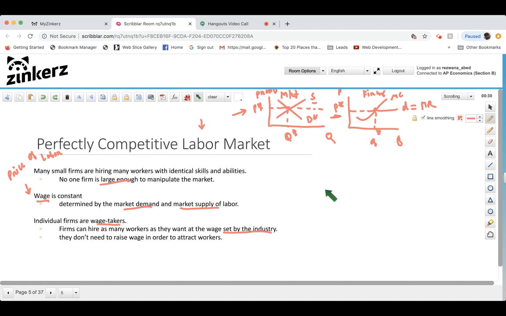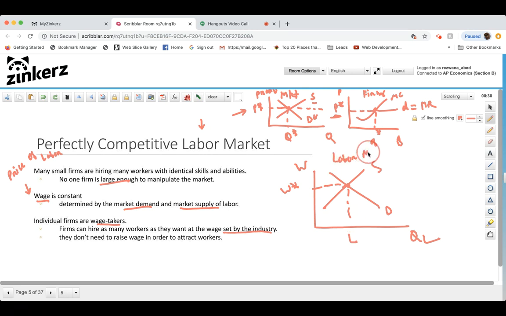The wage for a perfectly competitive labor market is also set. So this is W star, this would be L. Okay, so this is the labor market, the perfectly competitive labor market.